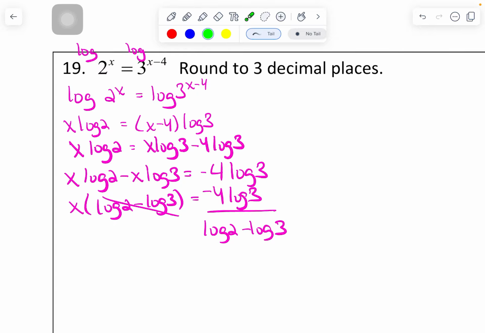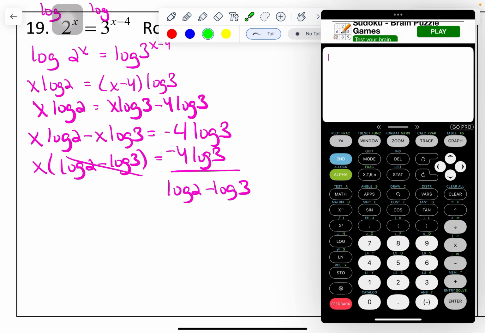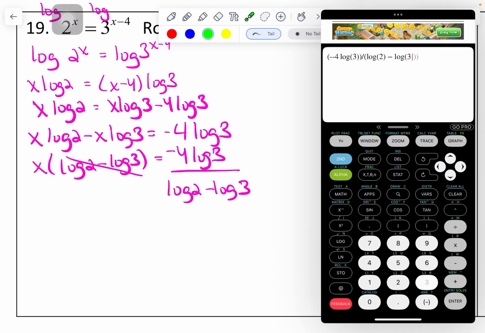Now, after all this hard work, this goes in a calculator. So there's the calculator. I want to make sure the numerator is together. So I'm going to use the parentheses here, negative 4 log 3, close the 3, close the parentheses, divided by, I'm going to start a set of parentheses for the denominator, log 2, close the 2, minus log 3, close the 3, close the denominator.